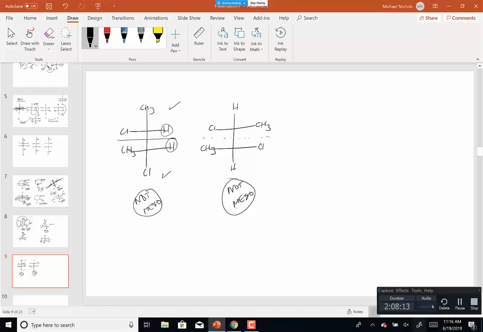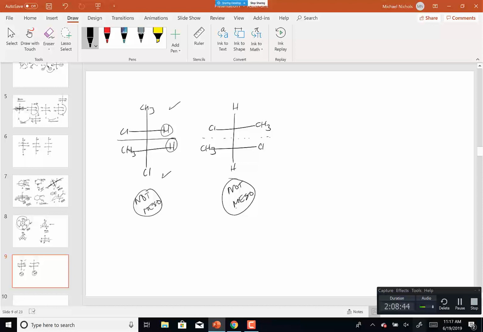So before we do those, I could, but I'm going to get the same answer. I'm going to get the same answer that they're not meso. Because these are Fischer projections, they're already eclipsed.